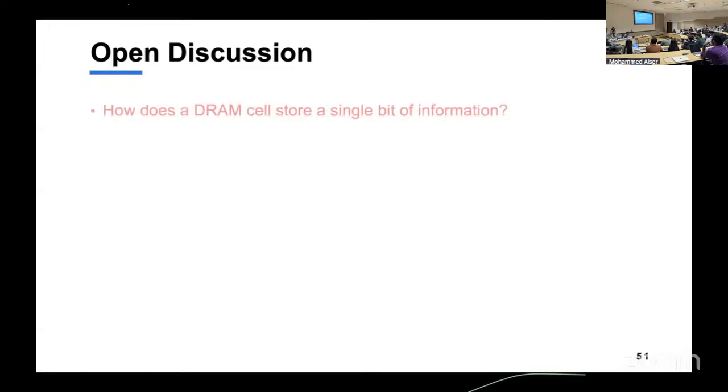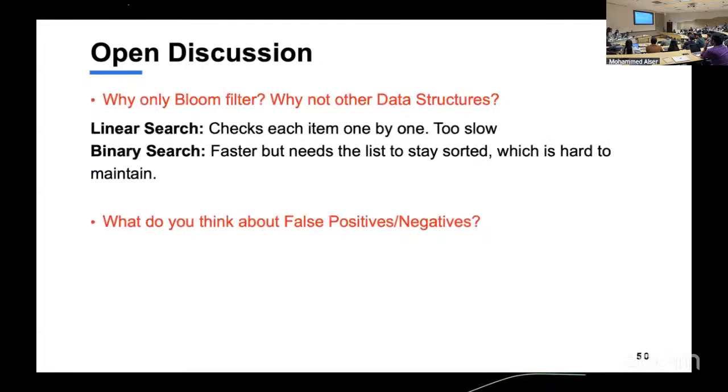What do you think about false positives or negatives? If we have more false positives, will it create a negative impact? If we have more false negatives, which one creates more impact? So what is a false positive first?